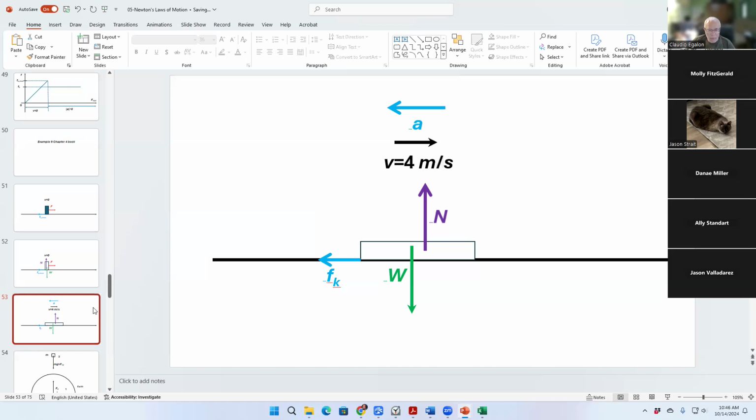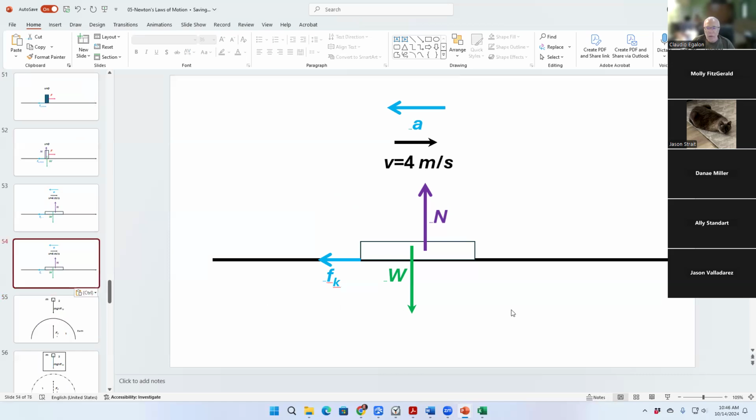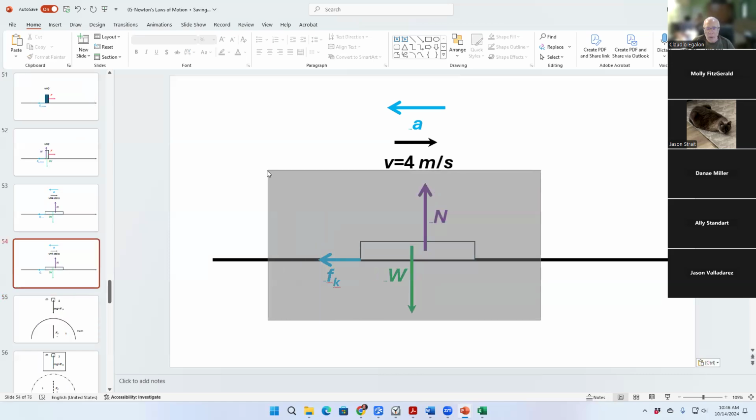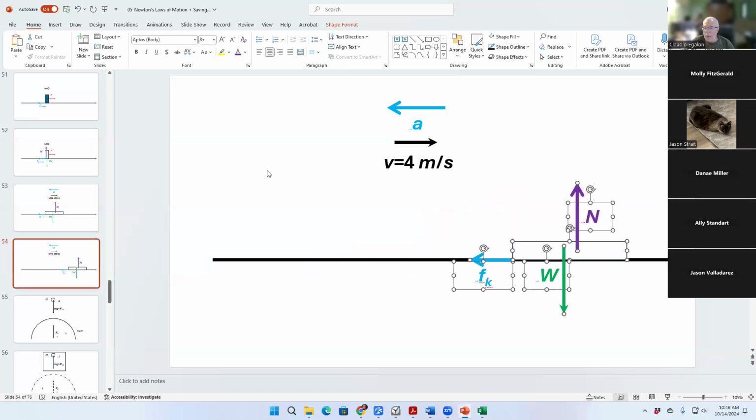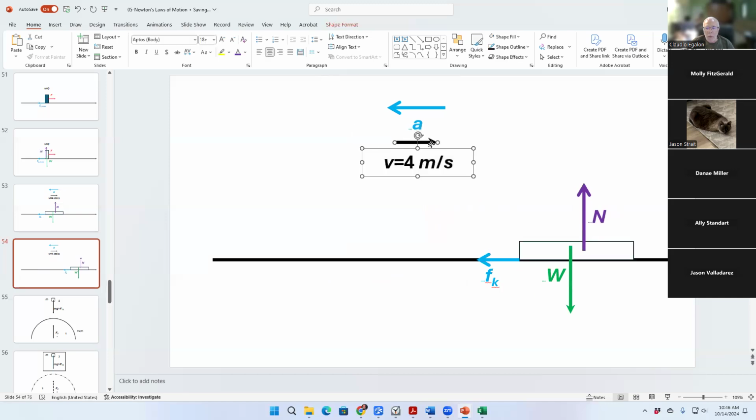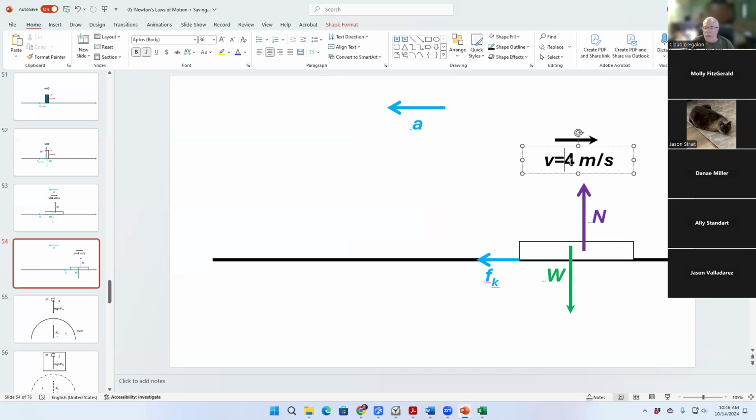Eventually, this slider is going to come to a stop. Final velocity, 0.